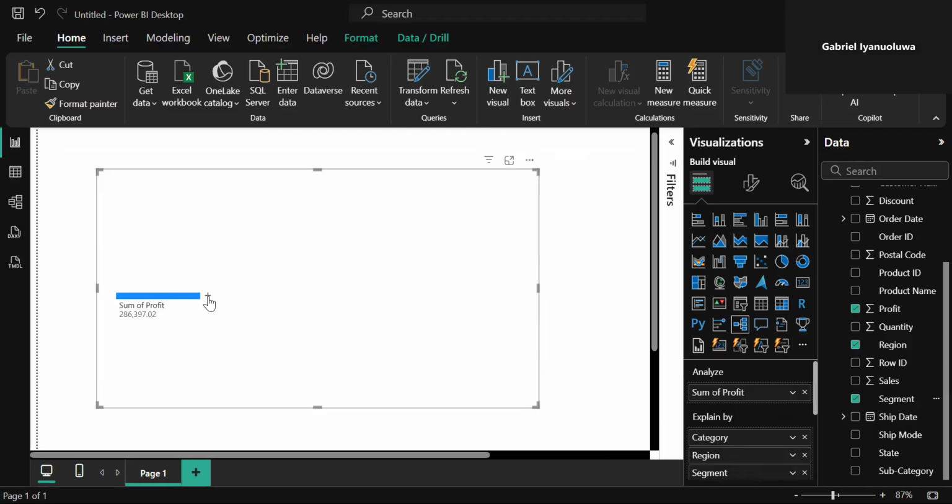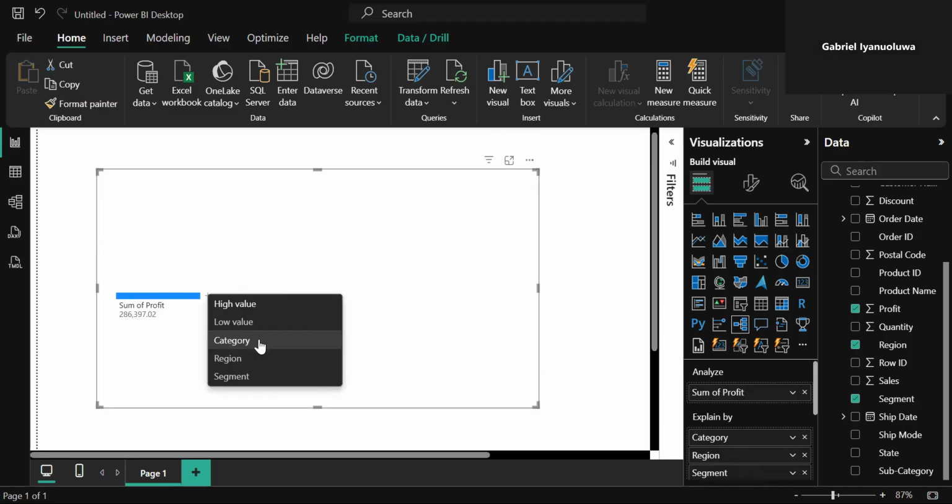This plus sign that we are seeing here lets you choose how to split your data to show the hierarchy, the region where we have more profit and the region where we have low profit. If you click on this side, it will show you high level, low profit. But first I will work across different categories.